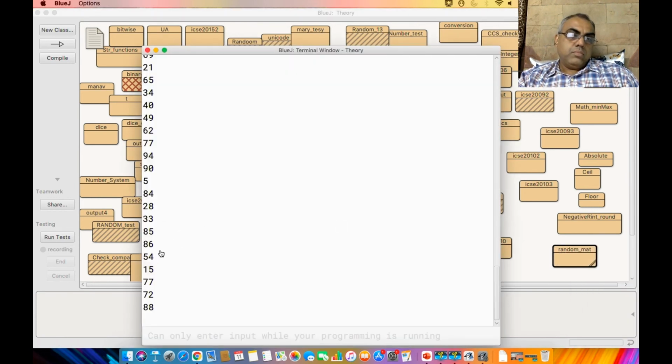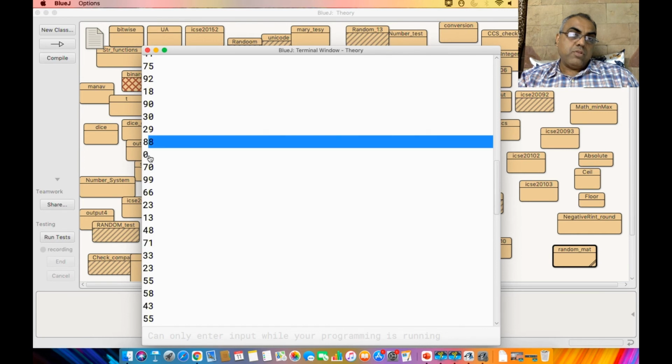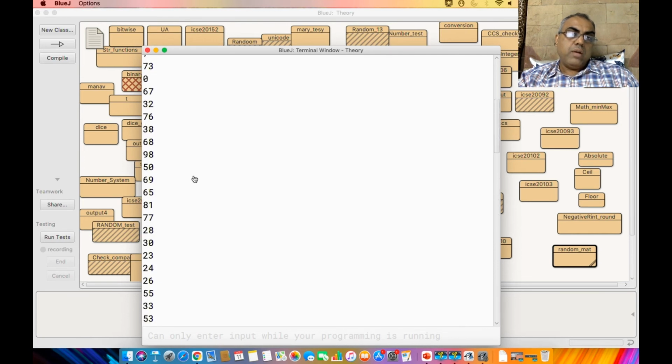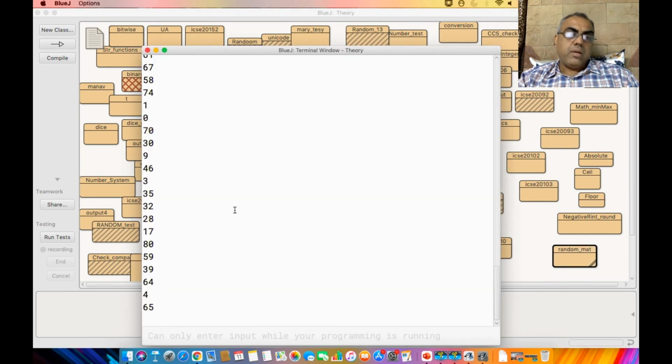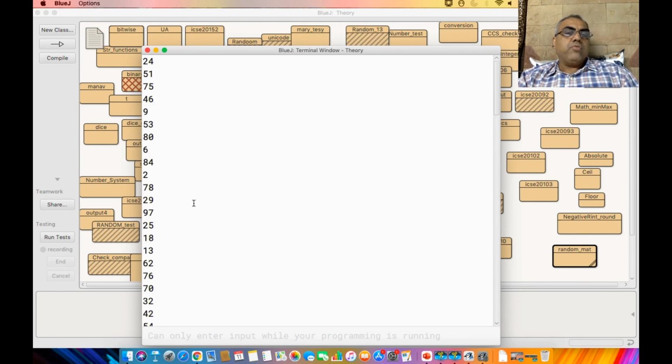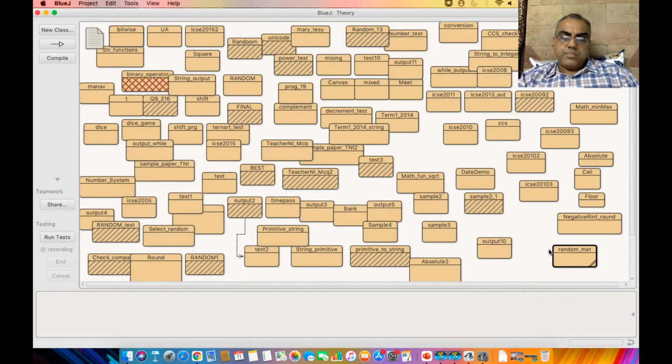So here, some number, if you see lowest 2 has come, of course, somewhere 100 also may come, 0 has come, 0 has come again, 100 has not come because it's a random number. So if I run it again, I may get 0, somewhere I may end up getting 100 as well. Still not got 100, so we take random again. Somewhere we should get 100. So if I don't get it, don't worry, you will still get it at some stage.